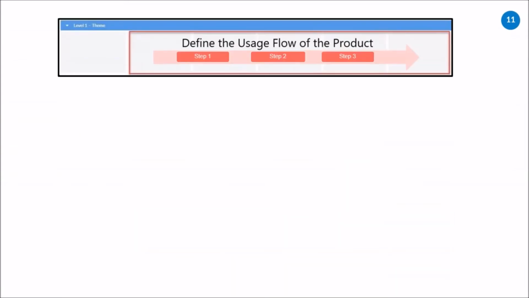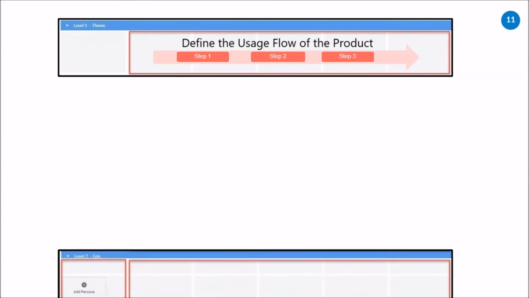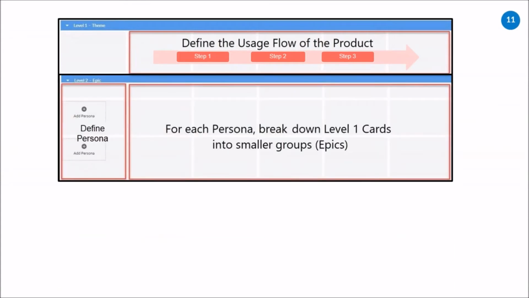So just to help you understand the structure of the story map, the first level is going to help you define the usage flow of the product, wherein you define step 1, step 2, step 3, all the activities in the sequence of how a typical user would go about using the product. The next level is where you define the personas based on which you are going to have smaller groups of work, or epics as we may call it in our application.